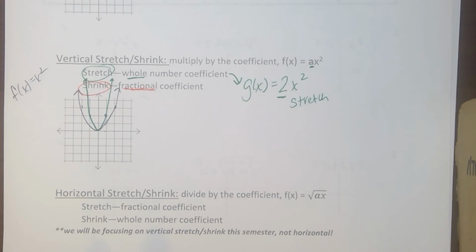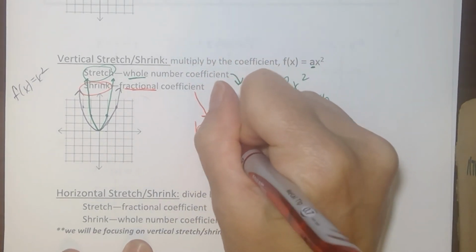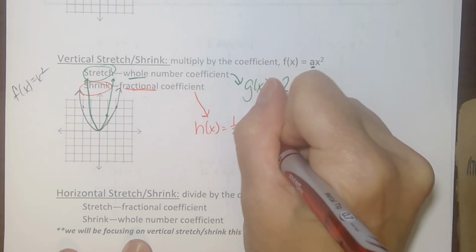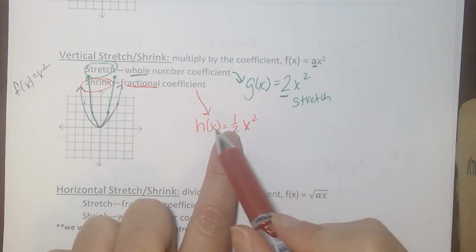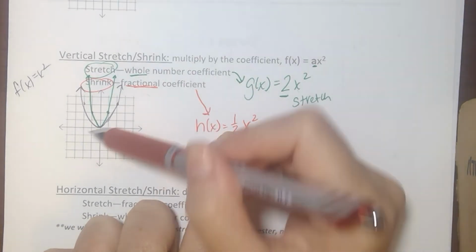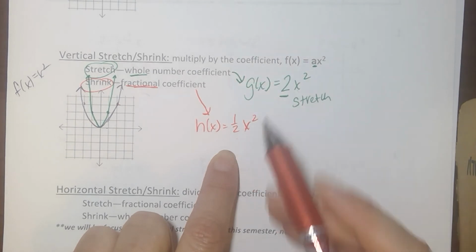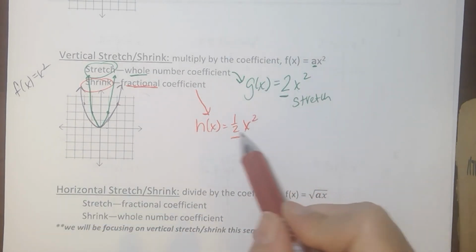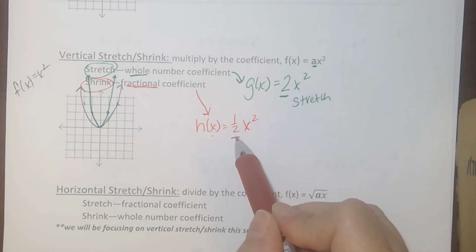What if that coefficient is a fraction? Well, let's do h of x is 1/2 x squared. Now, if I think about plugging in a 2, 2 squared is 4 for my parent, but I have this coefficient 1/2 out front. If I plugged in 2, 2 squared is still 4, but I want half of that.